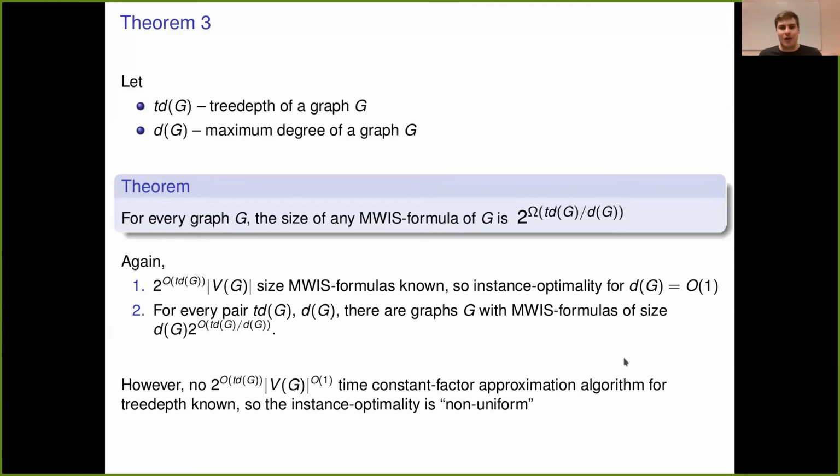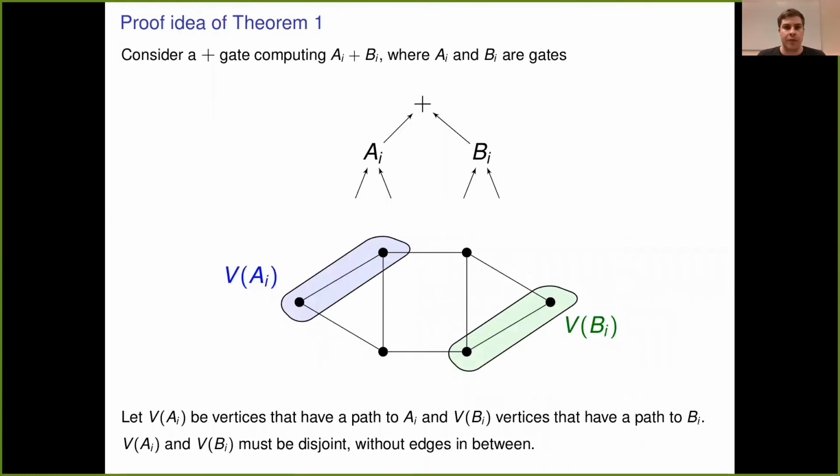We can construct optimal ambiguous formulas if we know a good tree depth decomposition, but we don't know how to compute good tree depth decompositions. So I think this is interesting, and it further motivates the open problem of finding a good approximation algorithm for tree depth.